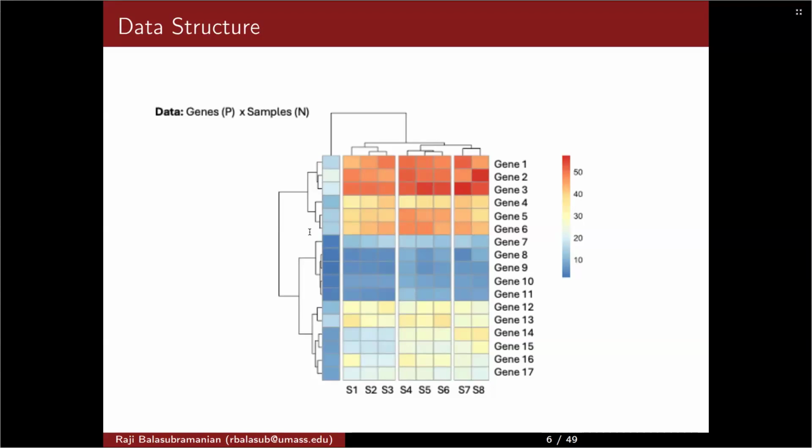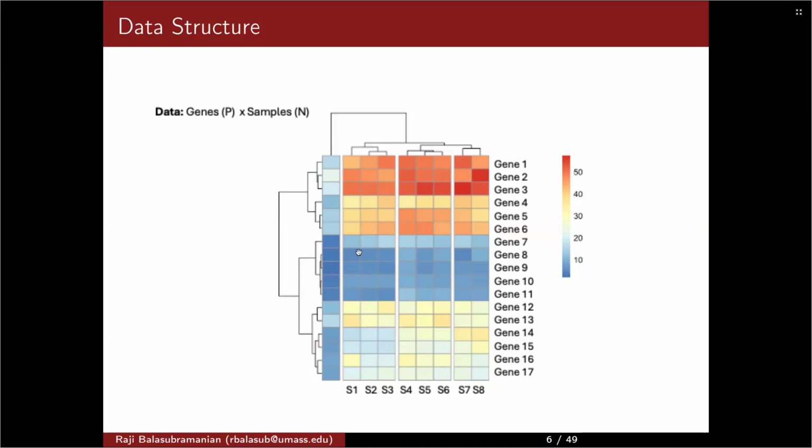Those could be individual genes, and the columns indicate either individuals or samples in which those genes are measured. The colors of each cell, ranging from red to blue, indicate whether the expression of that particular gene in that sample is really high if it's red, or really low if it's blue.